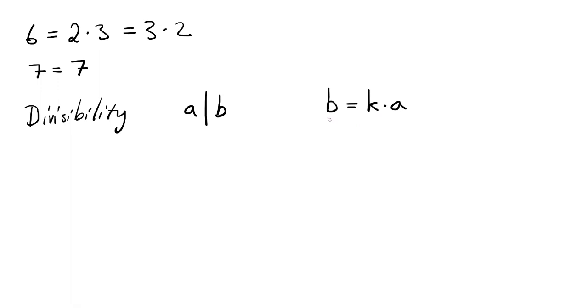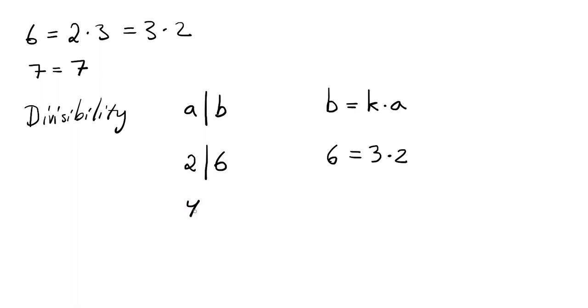So b is divisible by a if we can find an integer k so this holds. For example, 2 divides 6, since we can find a number that will make this true, and that is of course 3.